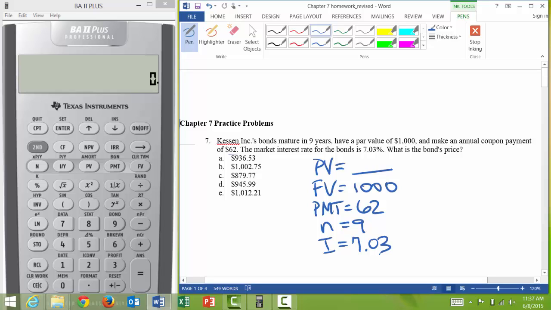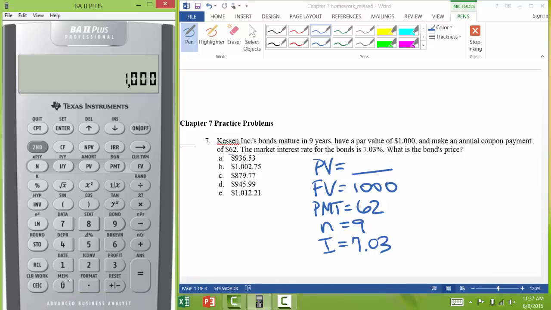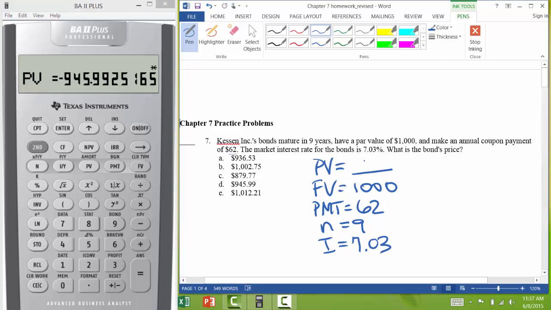So I go over to the calculator and I enter 1,000 and hit future value, 62 and payment, 9 and N, and 7.03 as the interest rate. And then I can hit compute present value and I get $945.99. And so that's answer D.